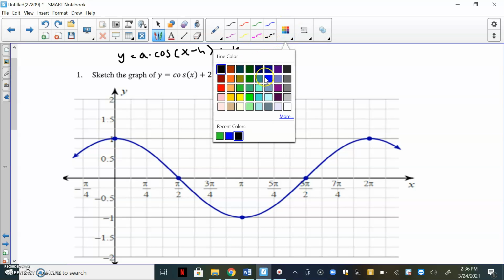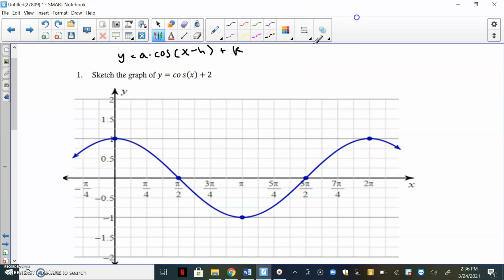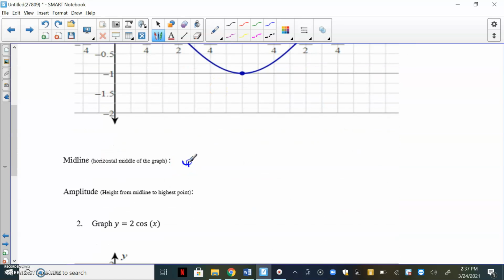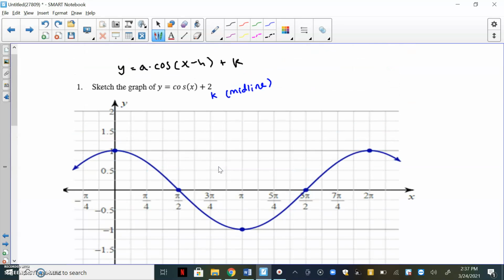So we look at our equation, and there's no number where a would be, there's no number where h would be, but there is a number where k would be. So this is going to be my k, which also functions as the midline. So we can go ahead and write our midline equation, y equals 2. And let's go from there.